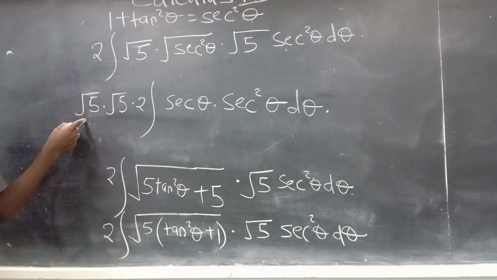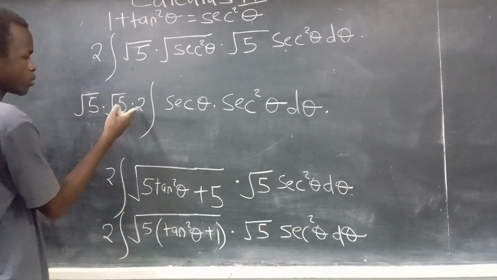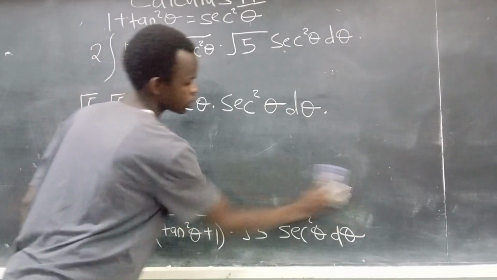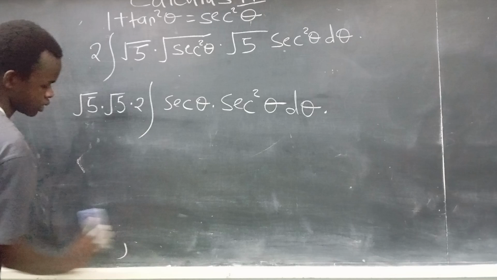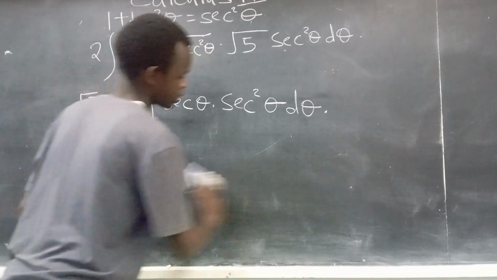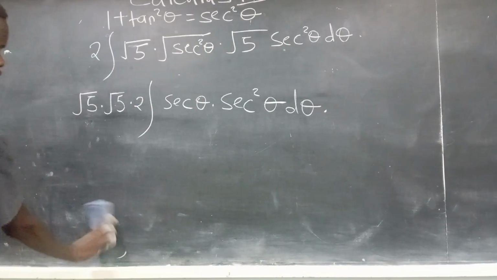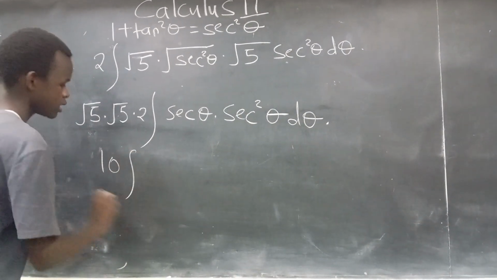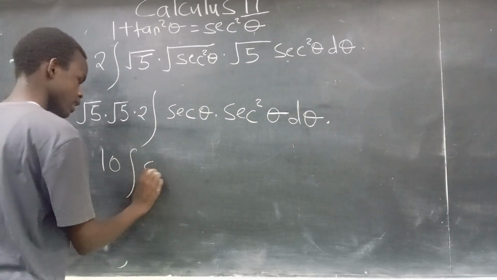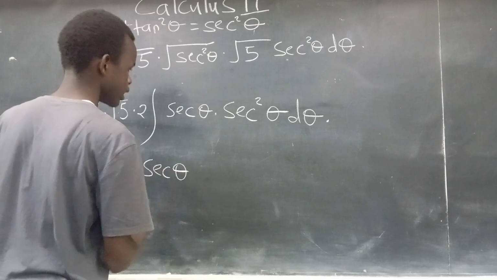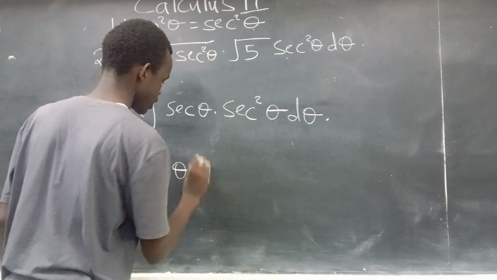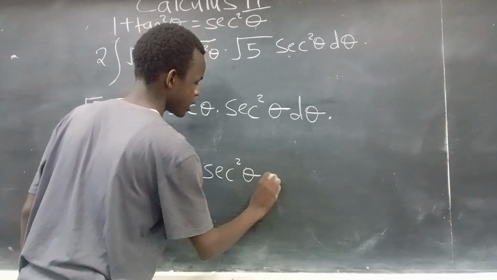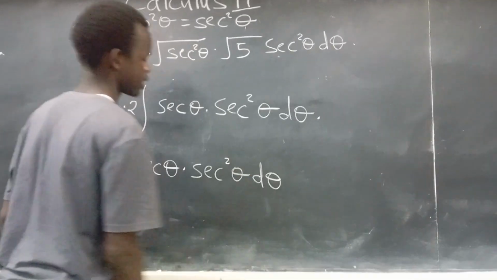The square root of 5 multiplied by the square root of 5 is just 5, multiplied by 2, it will be 10. Okay? So the integral is long, but I'll get my 10, the integral of secant theta multiplied by secant squared of theta d theta.